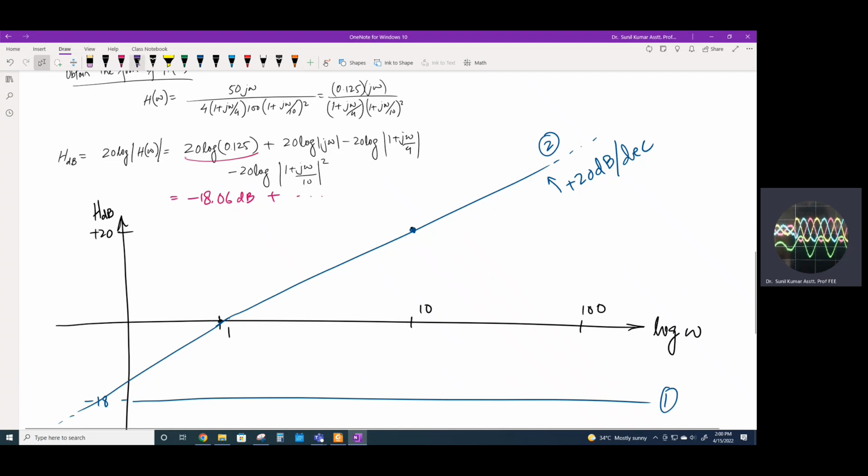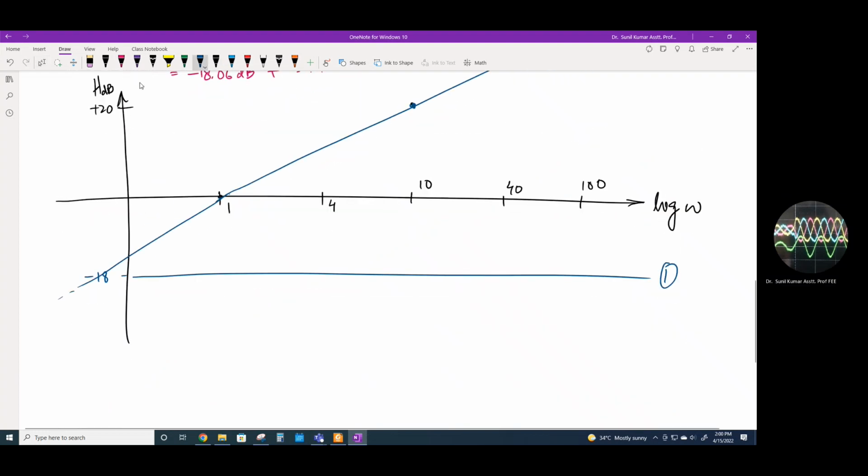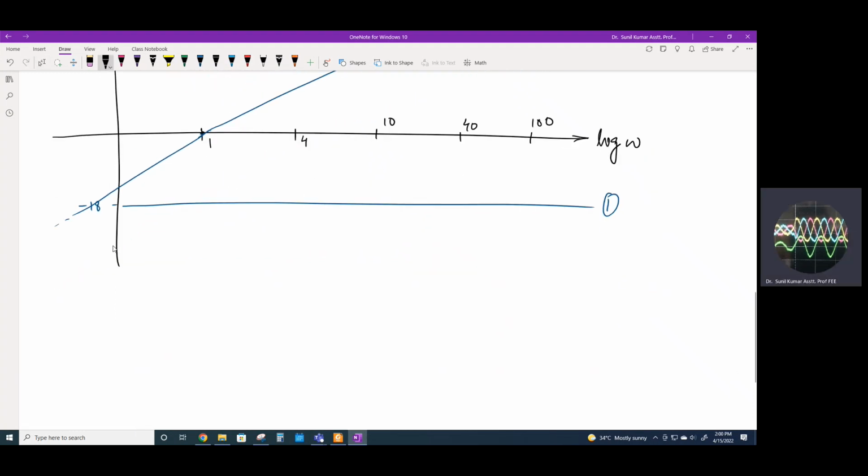Next are the poles, which are starting at omega equals 4 and 10. So let's say this is omega equals 4, and this is going to be at the rate of minus 20 dB per decade. So let's mention 40 radians as well. And let's extend the vertical axis.